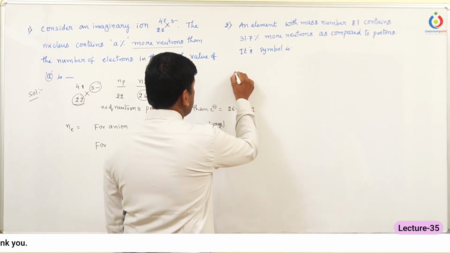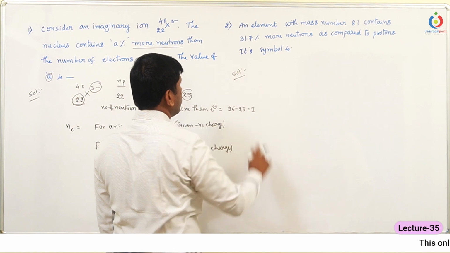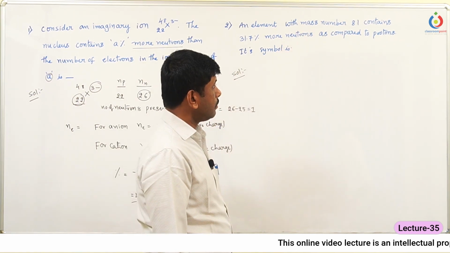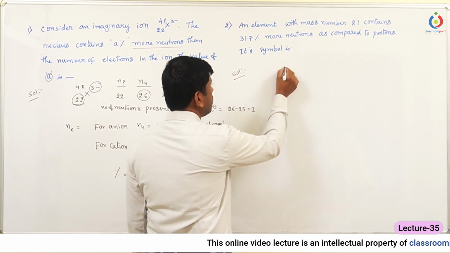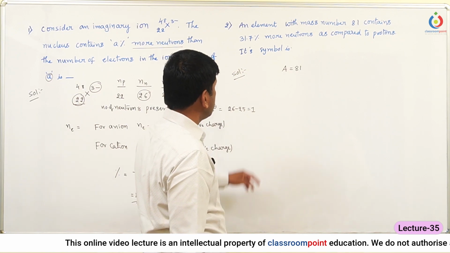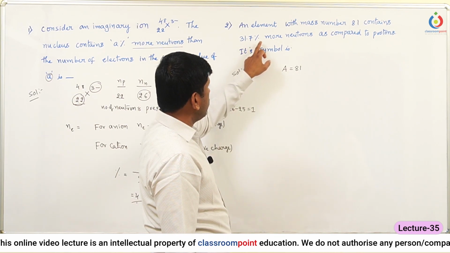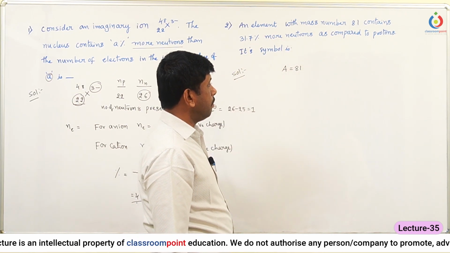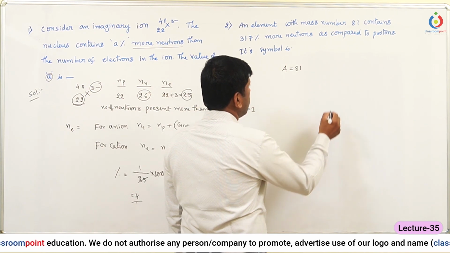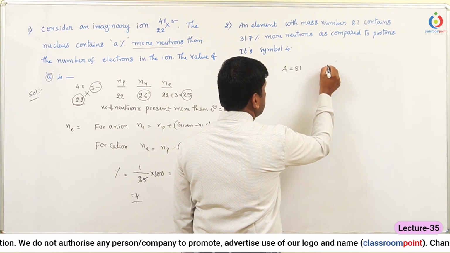So let us see the next question here. An element with mass number 81, so here A is given as 81, contains 31.7% more neutrons as compared to the protons. The protons value is not given. So what is the percentage of extra neutrons?